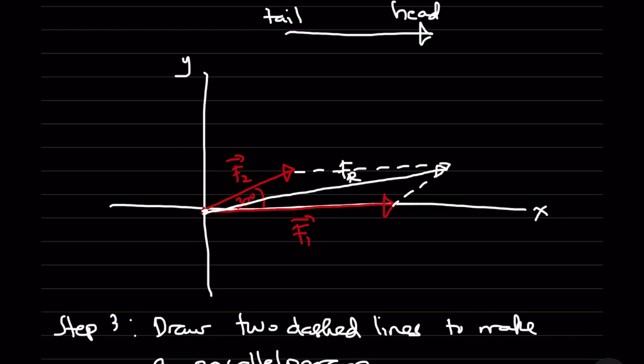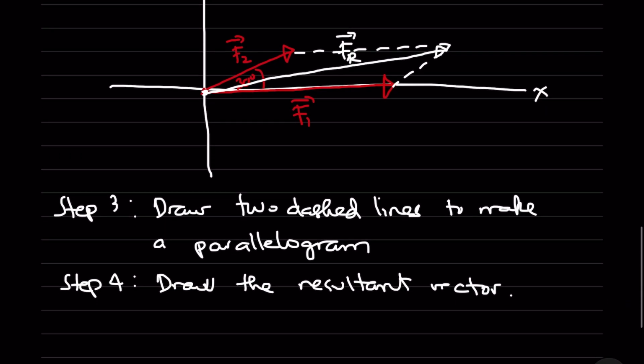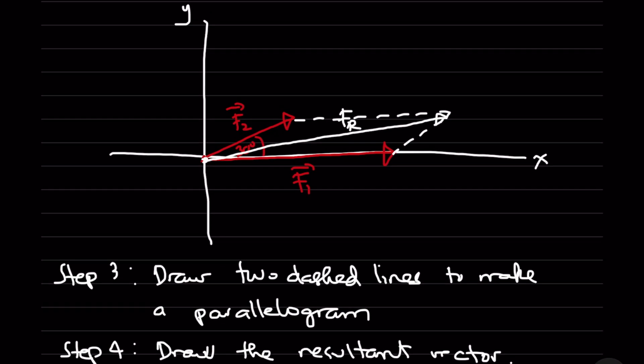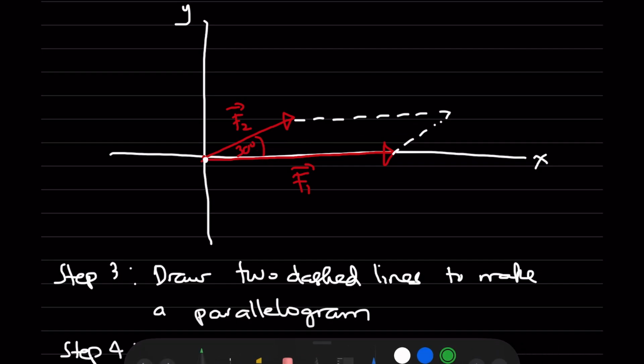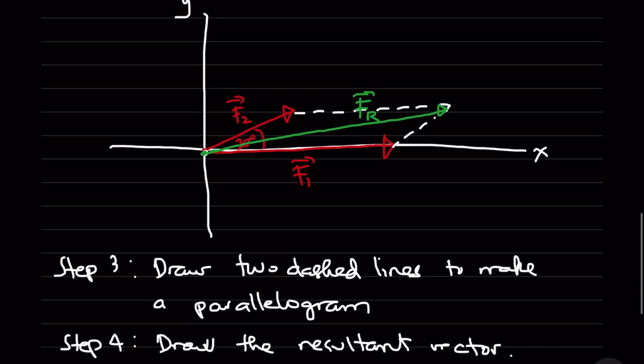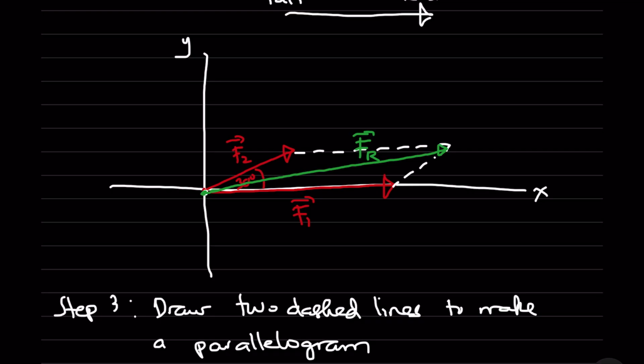So it is essentially the diagonal of a parallelogram. For clarity, I will change the color of the resultant vector. I am now using green. So the resultant vector is denoted by symbol f sub r, again with an arrow on top to denote the fact that it is a vector quantity.